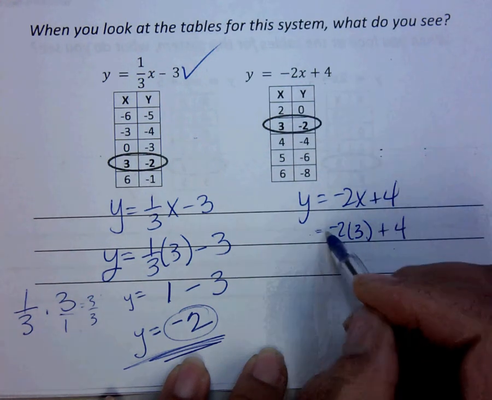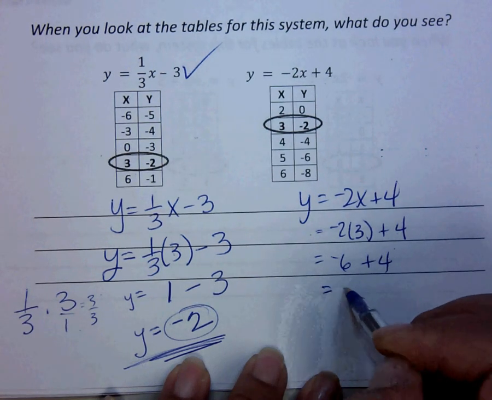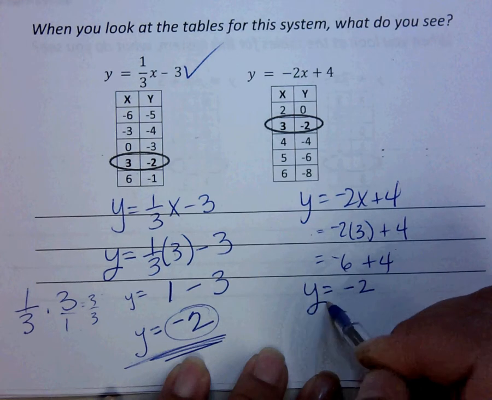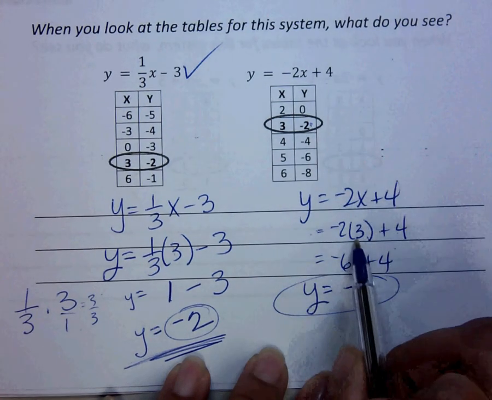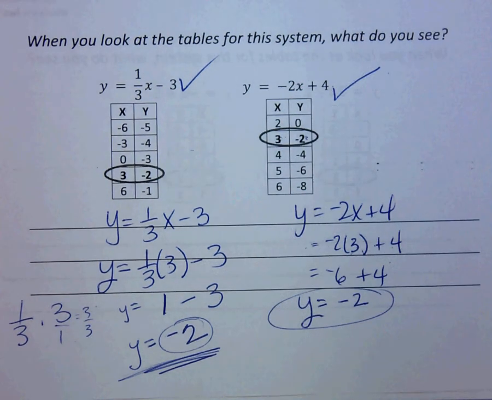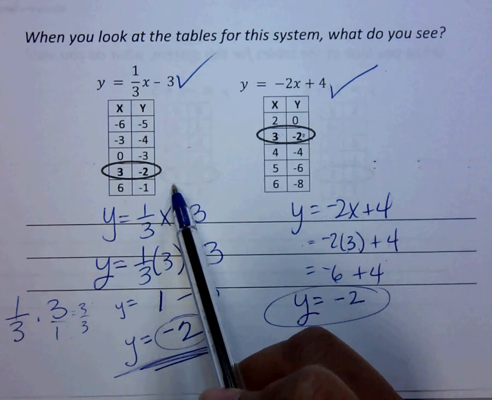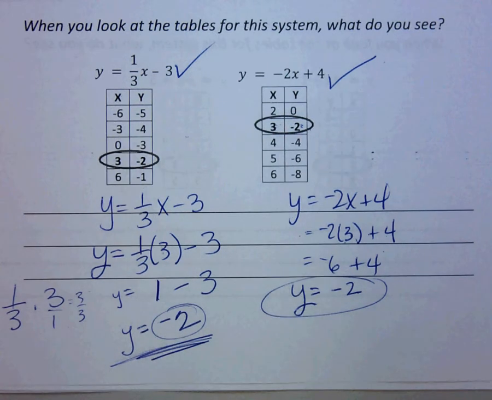So let's figure this one out. -6 plus 4 equals -2. y equals -2 when x was 3. It works. It's supposed to. That means this is the solution to this problem and this problem. That's where they cross. Okay, that's problem number 2.